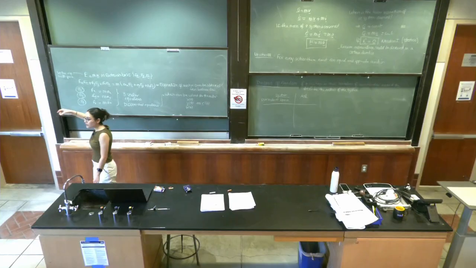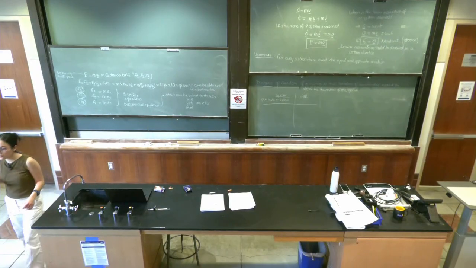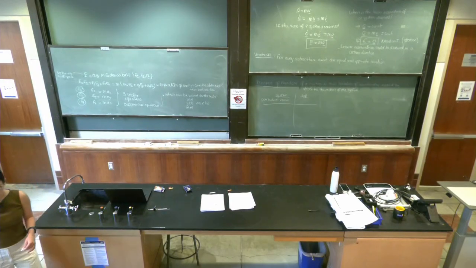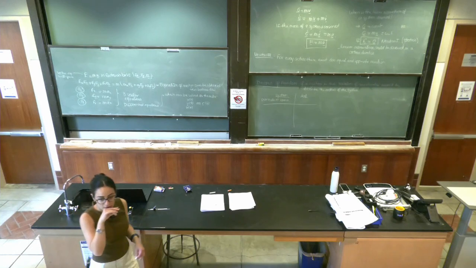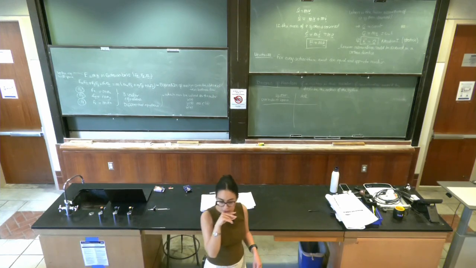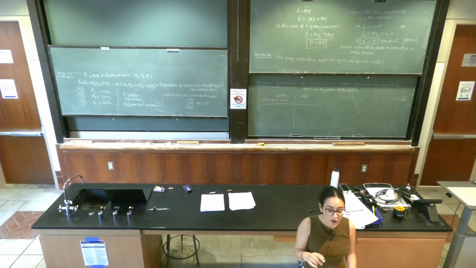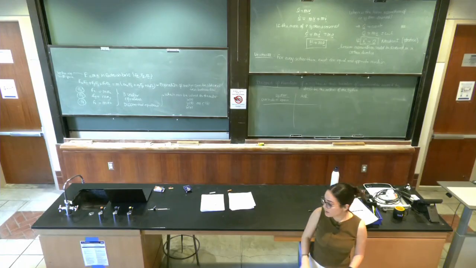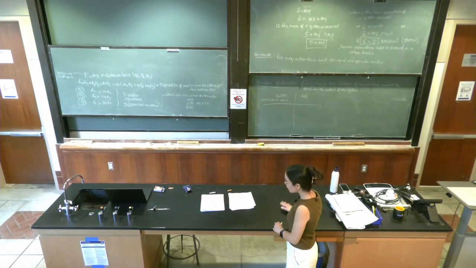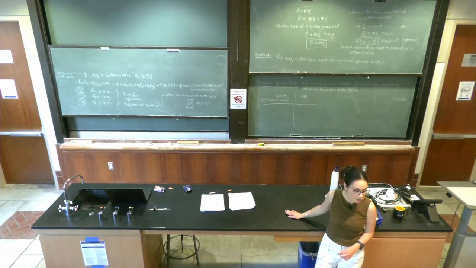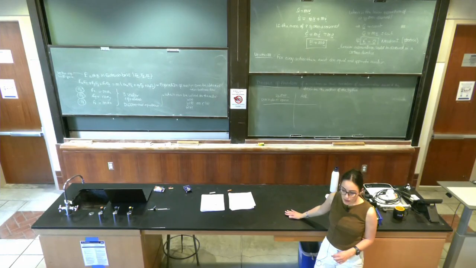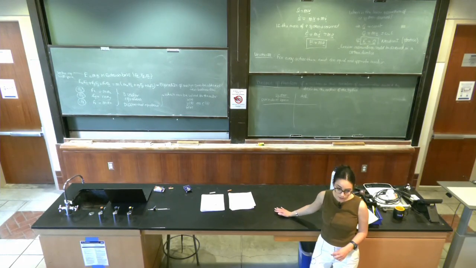How many coordinates do I need to describe the motion of that particle? Show me fingers, everyone. Yes, 3. Now if I have a particle moving in the plane of this table, how many degrees of freedom does it have? 2. I only need, for example, x and y coordinates to describe its motion.